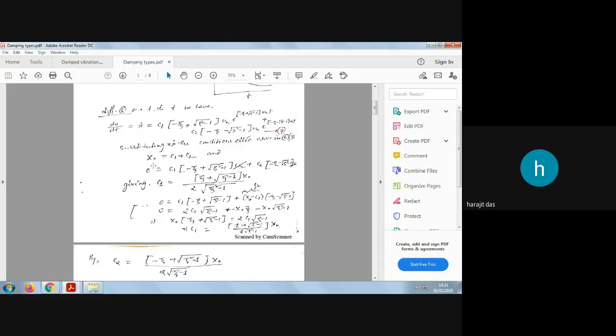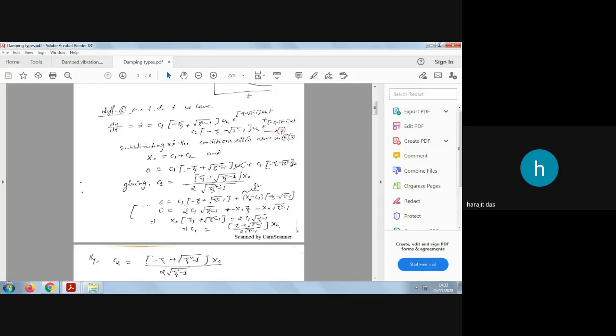From here, c2 is x naught minus c1, isn't it? So from this expression you can write the c2 value. So instead of c2, I am writing here x naught minus c1, then again we will write this one, minus square root of zeta square minus 1.